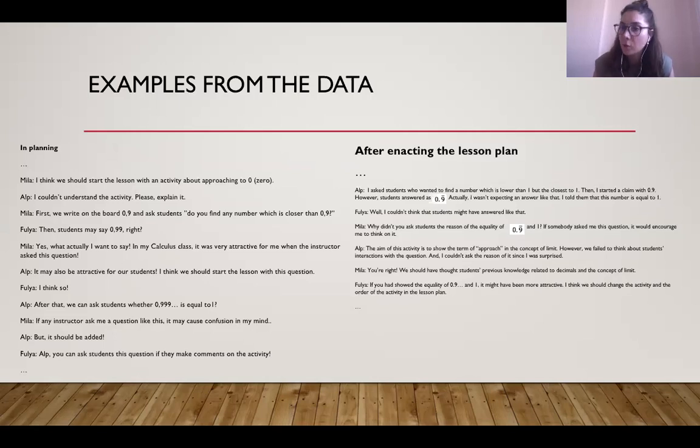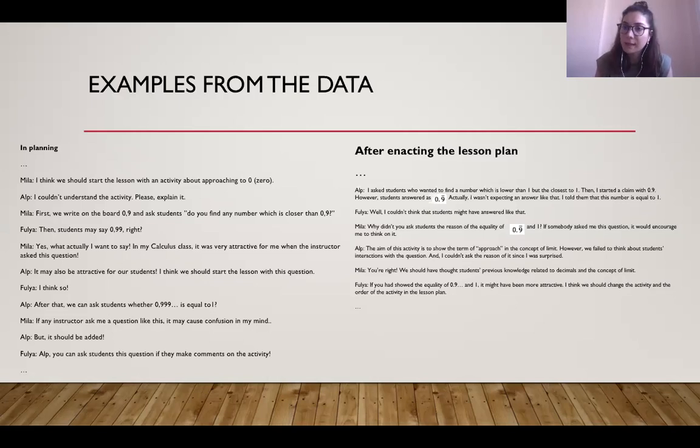They discussed this sample problem, and they found that it was an attractive and good starting point for teaching the concept of limit. And after enacting the lesson plan, they reflected upon the same problem, discussed why it didn't work, and came up with new solutions. You can see it in the excerpt.